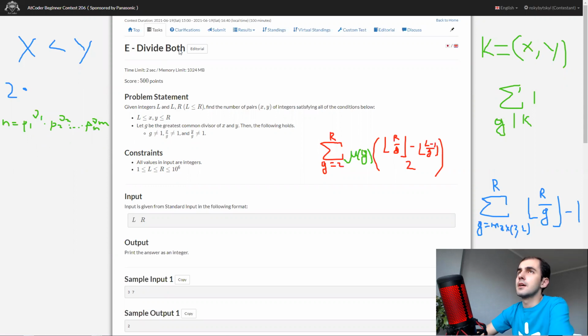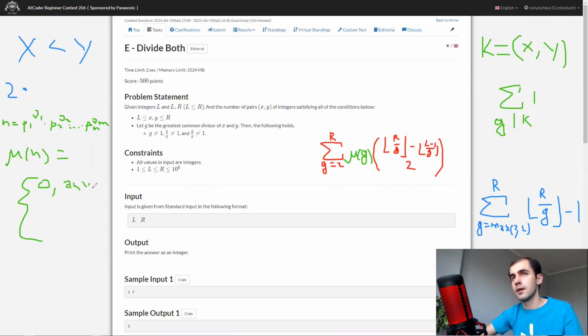All right. So the Möbius function is defined as follows. First of all, it's 0 if any nu i is greater than 1. So if your number is divisible by the square of some prime number, then this function is 0.